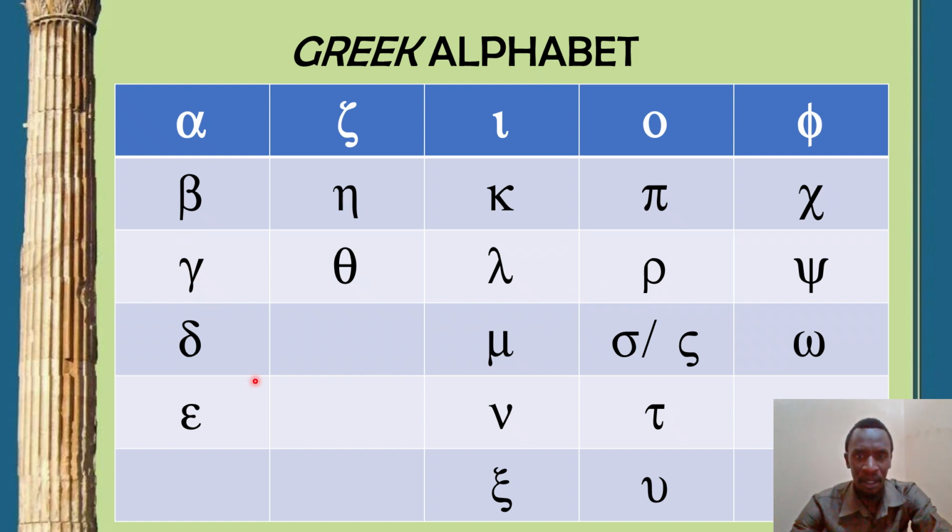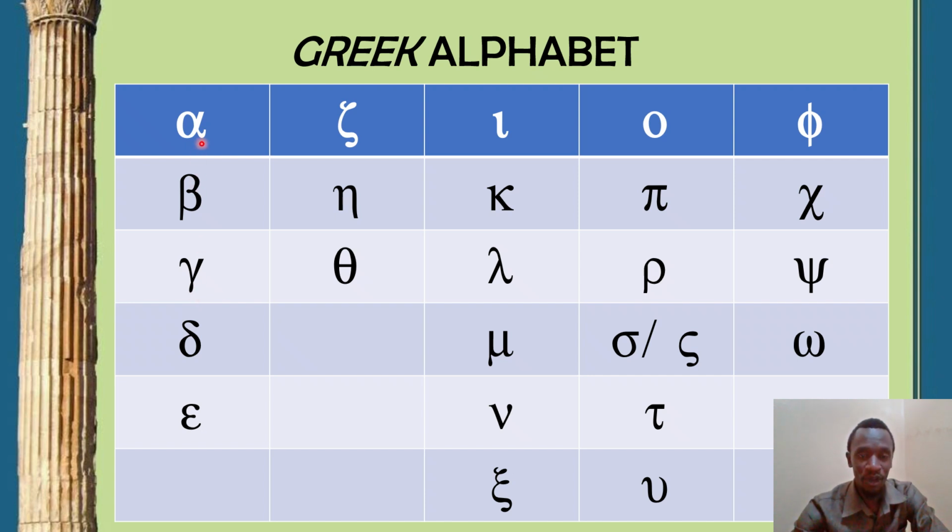Now, as I said, mostly you notice that we have about 11 of the Greek letters or alphabet that are identical to English. So this will help you to memorize them easily. Like when you see in the first column where you have alpha, beta, gamma, delta, and epsilon, you notice that it's only gamma that is strange.